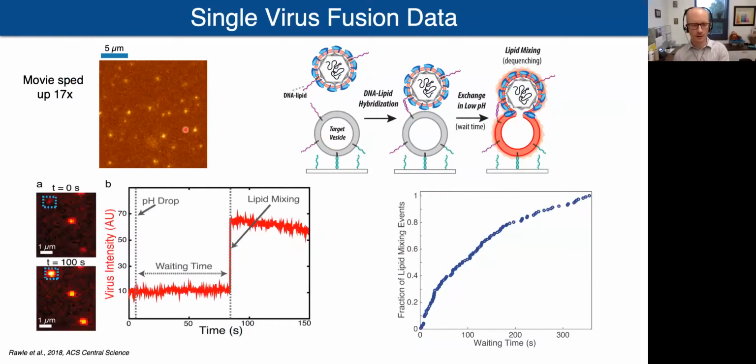They're going to get brighter. So let's see if that will work. We can see that as we go along, some of them start to get brighter, turning on like little light bulbs. Using this type of data, we can do some image processing and calculate the time between when the pH drop occurs and when the lipid mixing occurs, or when fusion happens.